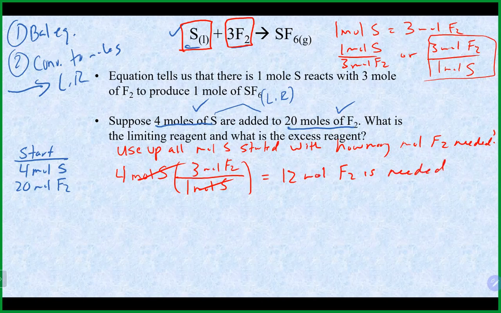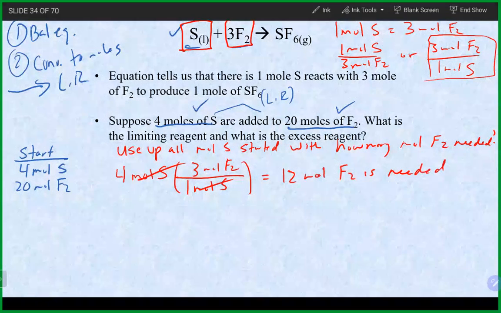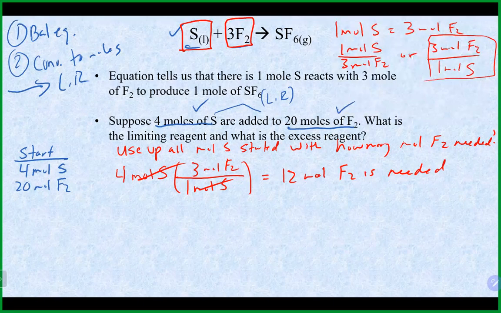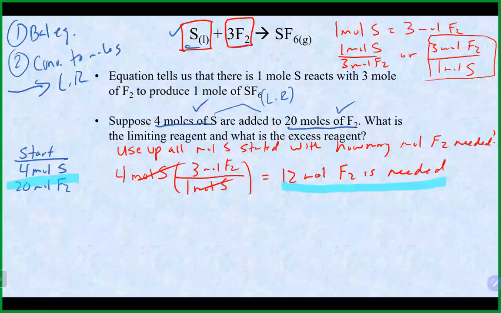Again, that calculation is basically saying, if I want to use up all the sulfur, how much F2 I need to toss in there. This is where we can figure out which one is the limiting reagent. I want to now compare my calculation, which is I need 12 moles of F2, with the 20 moles of F2 I am starting with. Do I have enough moles of F2 to actually do that?